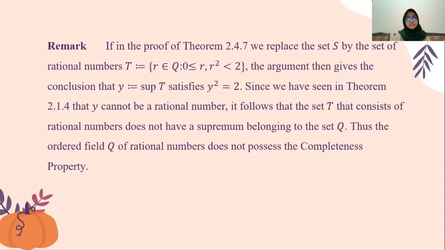Since we have seen in theorem 2.1.4 that y cannot be a rational number, it follows that the set T that consists of rational numbers doesn't have a supremum belonging to the set of rational numbers. Thus, the ordered field ℚ of rational numbers doesn't possess the completeness property.